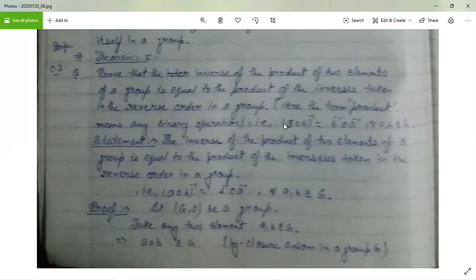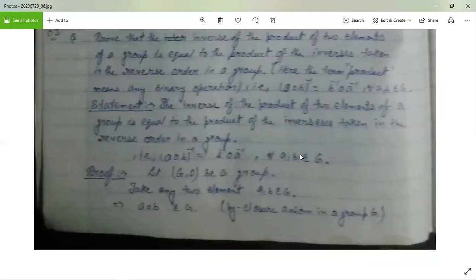That is, (A o B) inverse equals B inverse o A inverse for all A, B belongs to G. That means we have to prove that (A o B) inverse equals B inverse o A inverse for all A, B belongs to G.